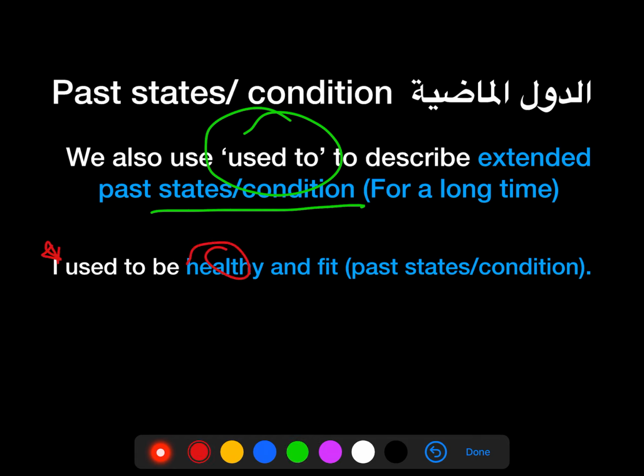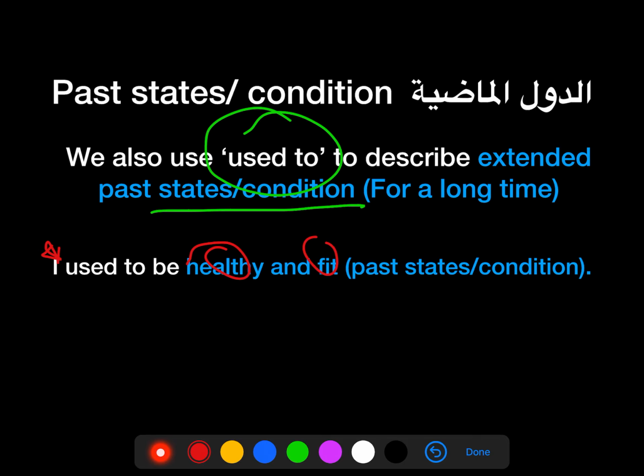I used to be healthy and fit. Does this sentence tell you the action? No. It is not about the past habit. It's not about the repeated actions. The sentence tells you about the past states and conditions, which means the past version of you.